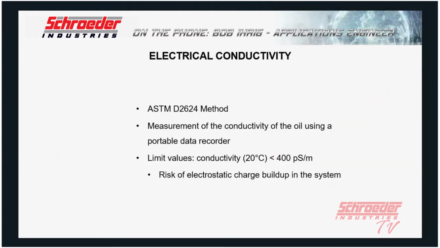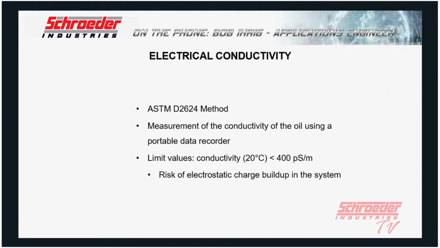The next way of doing this is testing for electrical conductivity. As I mentioned earlier, a lot of users have been moving to more refined or even highly refined base fluids. And with that, we've seen that the more refined the fluid, the less conductive it tends to be, just based on the chemical makeup.